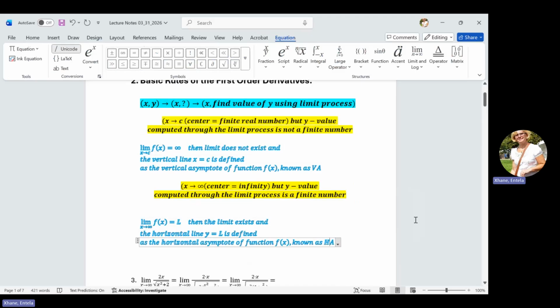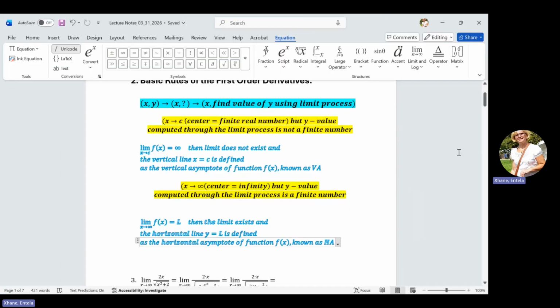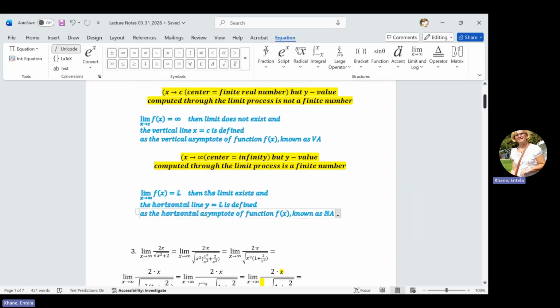We like to compute them algebraically. And in this particular case, we're going to run two scenarios of computing HA and computing the horizontal asymptotes for the given function algebraically.